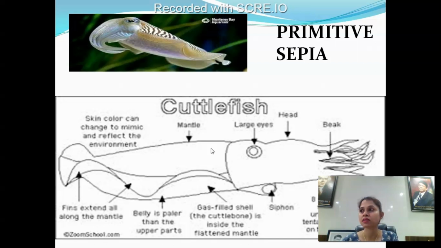But connecting to the features today, the primitive sepia has also evolved, and the most important feature is that they have the ability to polarize light. And as I have learned from Wikipedia and Google, they have some extraterrestrial connections, because they have some extra powers of perception.